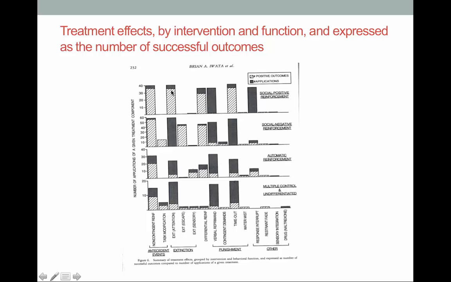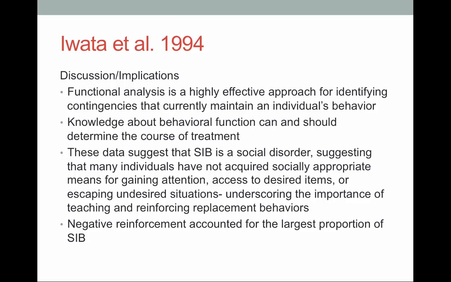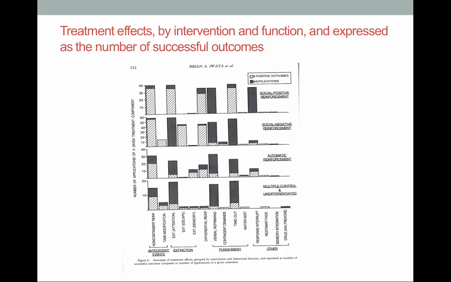Sure, if a person is engaging in SIB, heck, let's do them both. Let's combine both of these. Let's give him non-contingent attention all the time, and if he does engage in SIB, let's make sure that we don't give him any attention. Okay, we'll read about some studies that do exactly that.